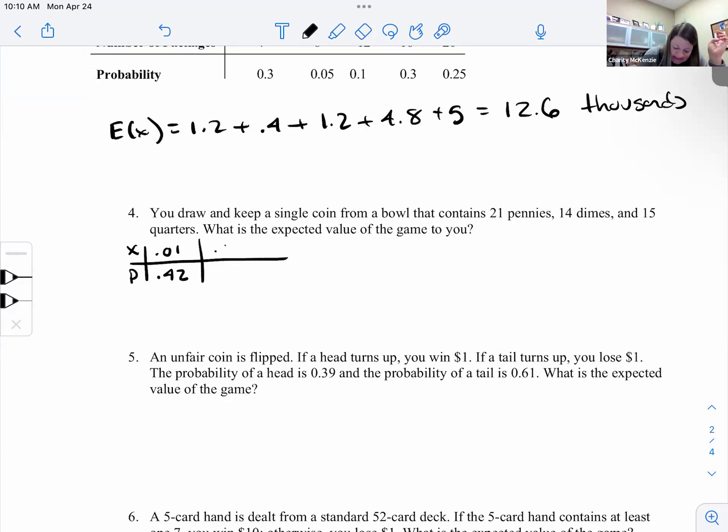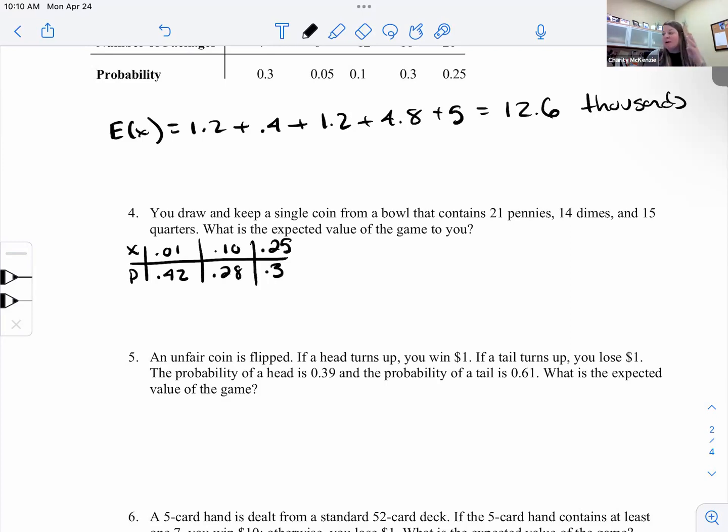A dime is 10 cents, right? And there were 14 out of 50, so that's a probability of 0.28. And the last one is you could get a quarter, which is 25 cents. And there were 15 out of 50, so 0.3.